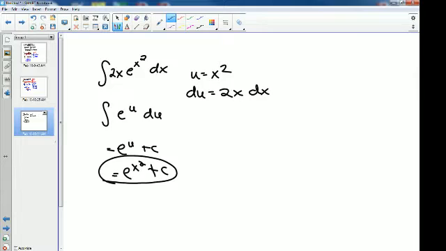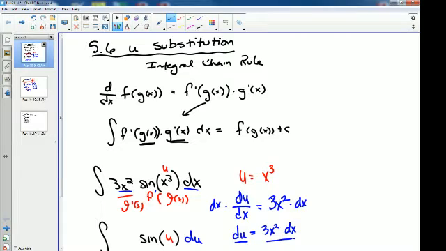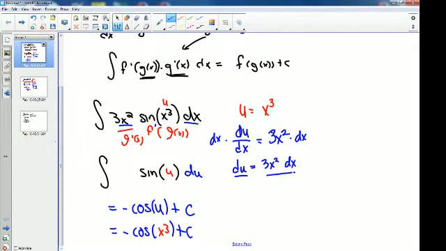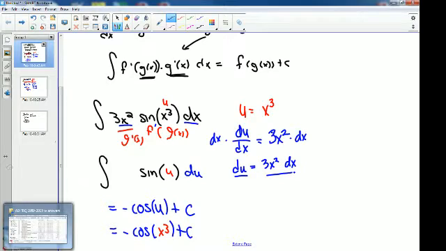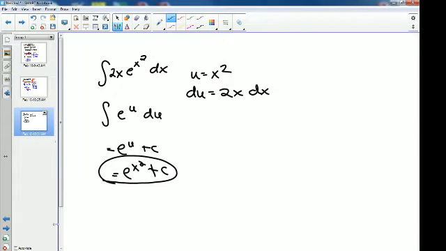Here? What do you mean? Oh. You mean like the first one I showed you? Right, because that's the antiderivative of sine is negative cosine. Yeah, you still did it. It's just masked.